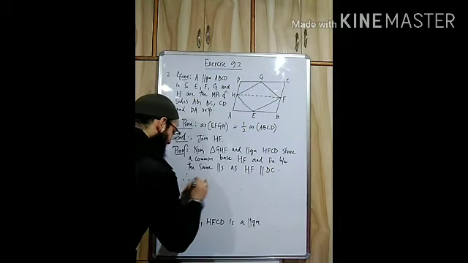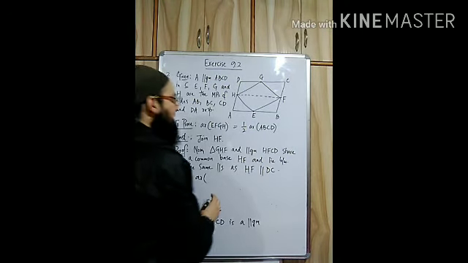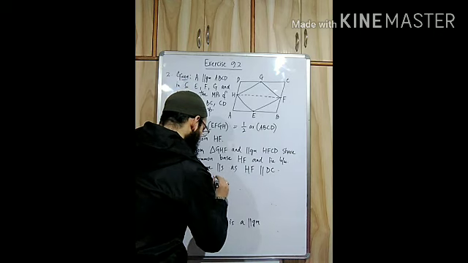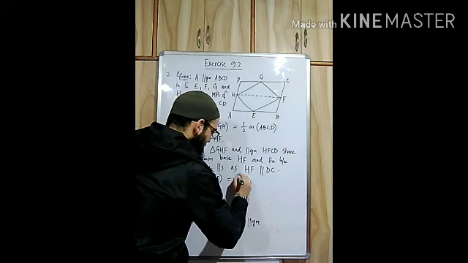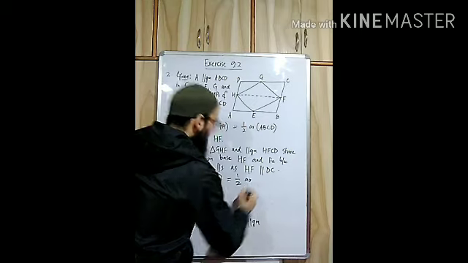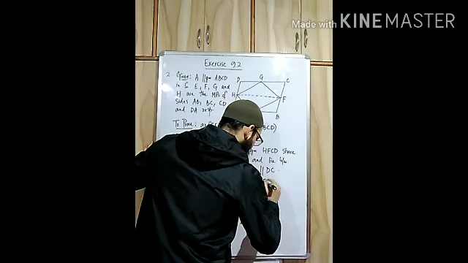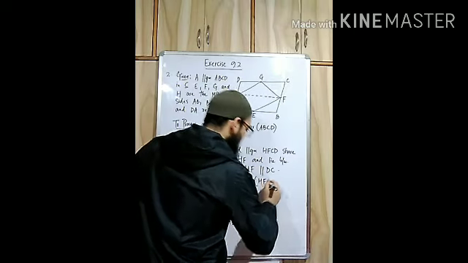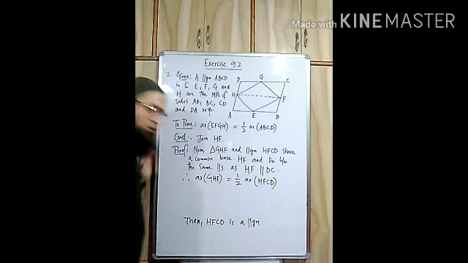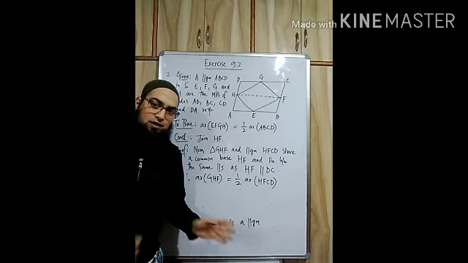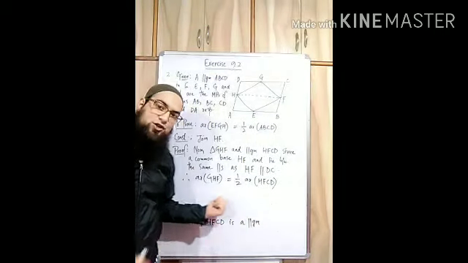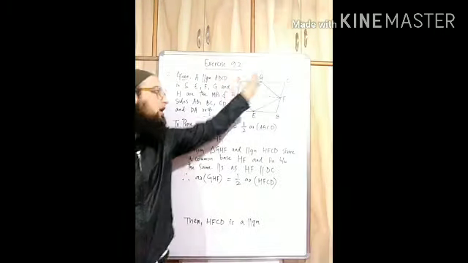Therefore, you can make the result: area of GHF is equal to half of area of HFCD. Got this point? So far, we proved that area of GHF, this triangle, is equal to half of area of this parallelogram.